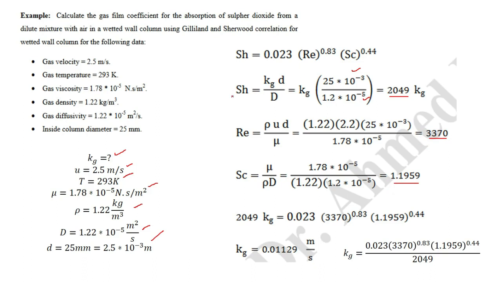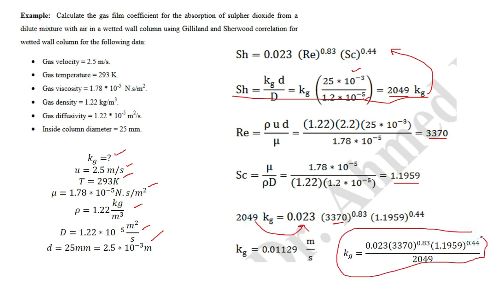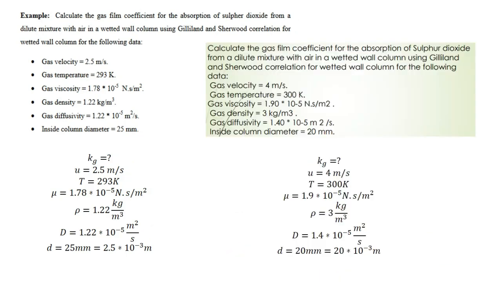Now put this Sherwood number 2049 into this expression. 2049 into kg is equal to 0.023, Reynolds number 3370 raised to power 0.83, and Schmidt number 1.1959 raised to power 0.44. Divide 2049 to the other side, just like this. Just do the division, you will get your answer.